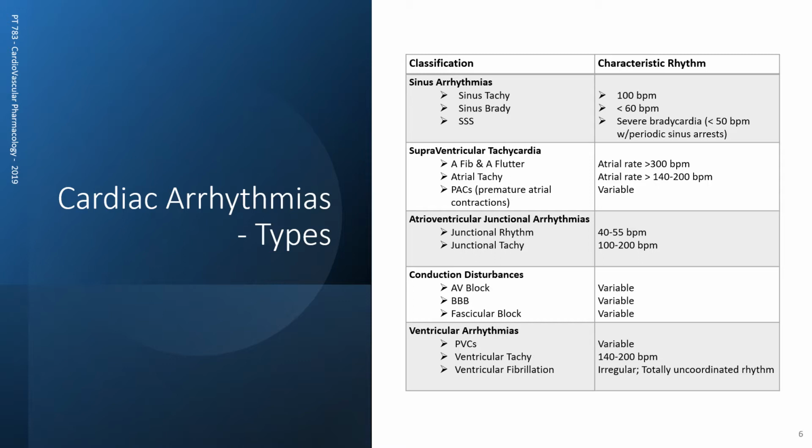And finally, we have the most grim prognosis arrhythmias. Those are the ventricular arrhythmias. Ventricular arrhythmias are generally life-threatening and require urgent attention, without which the patient will not survive.